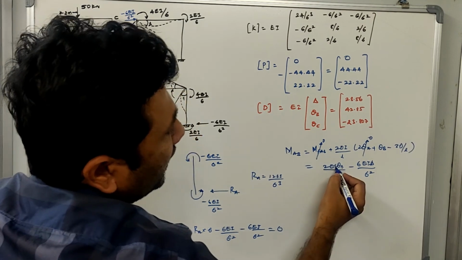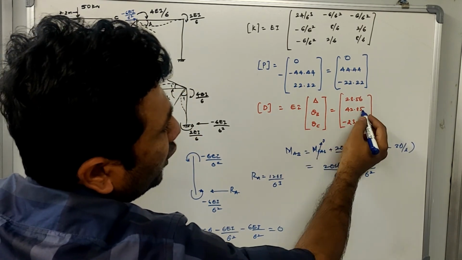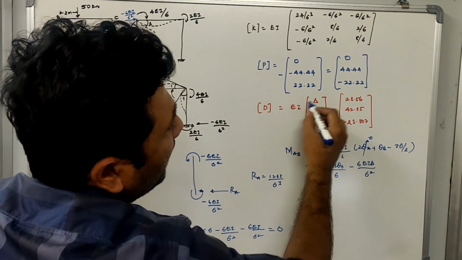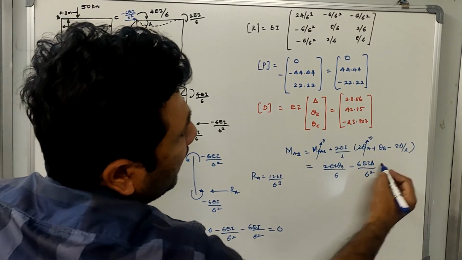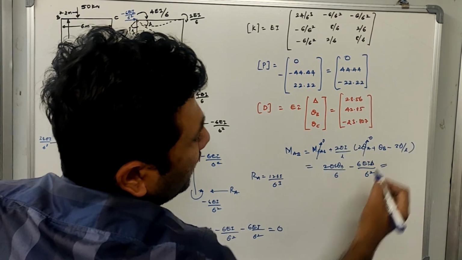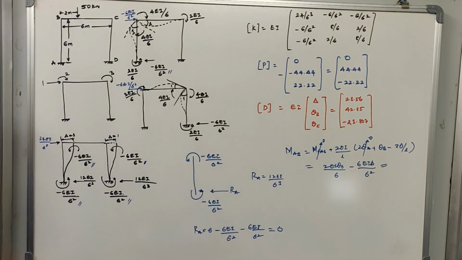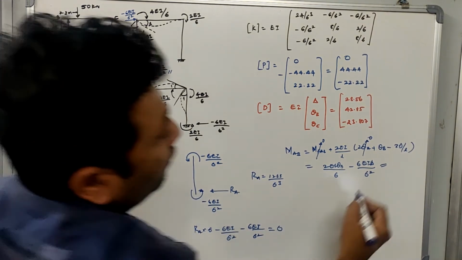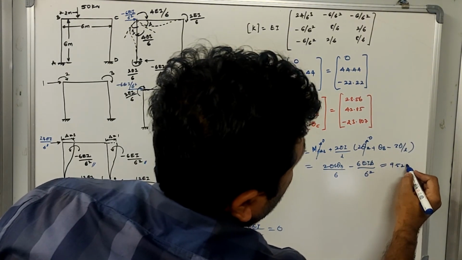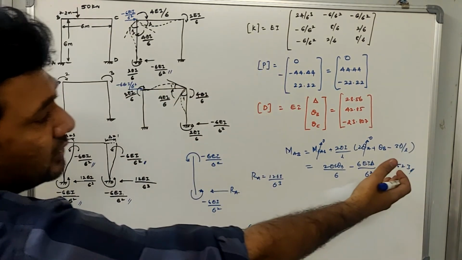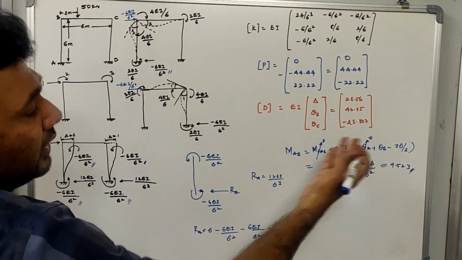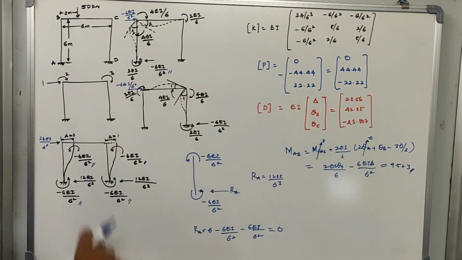Substitute EI theta B, which is 42.85, and EI delta, which is 28.56. The moment that I got after calculating is 9.523, and you can verify the same solution from the stiffness method and the slope deflection method.